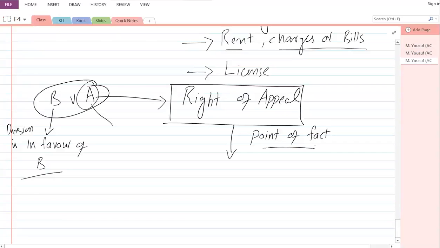Point of fact means that the facts are not rightly or correctly presented in the court. The factual findings are not correct.